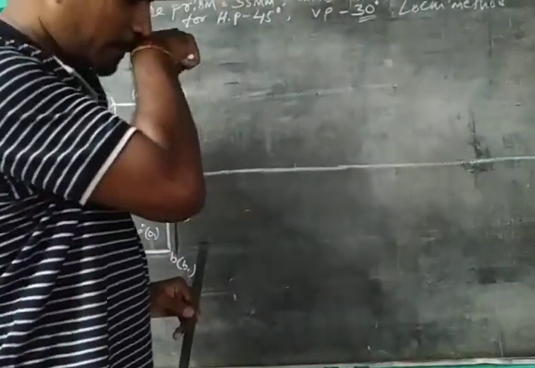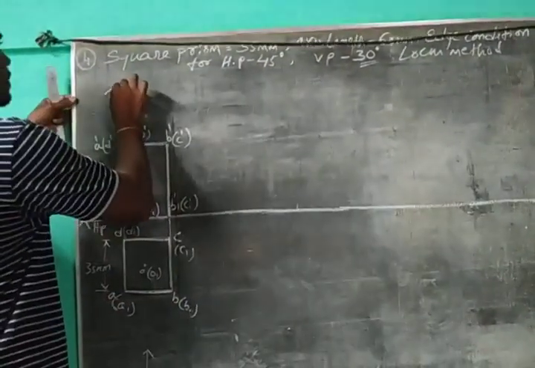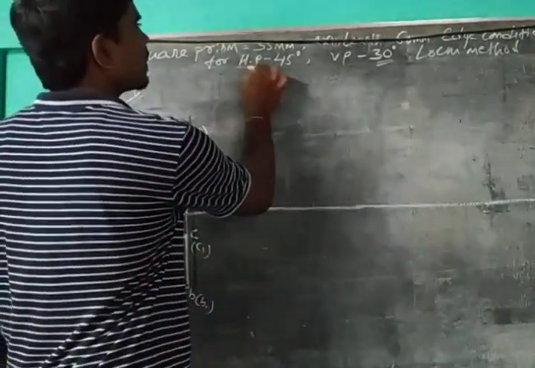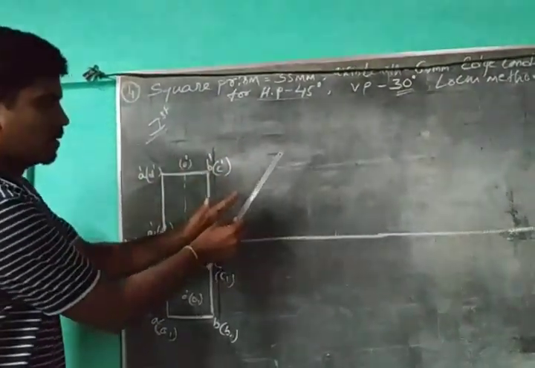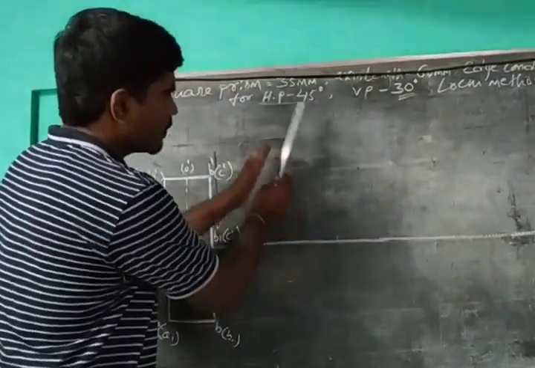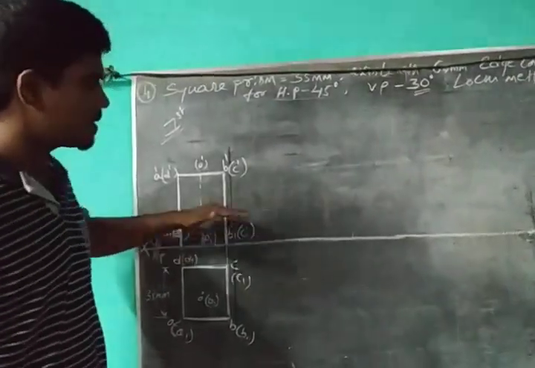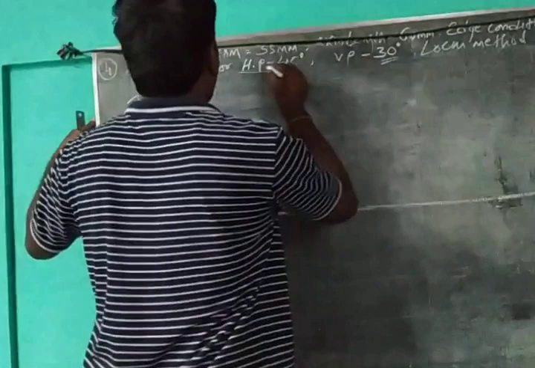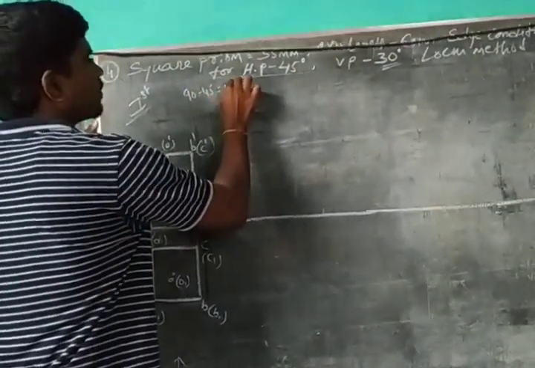So that is the first position, and the second position is with HP inclination of 45 degrees. So this axis is inclined at 45. If the axis inclination is 45 degrees, first we have to find the base inclination, because to construct the second position we need the base inclination. So 90 minus this 45 gives me 45.